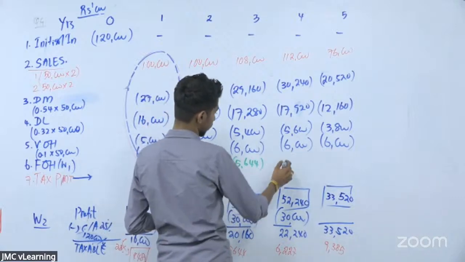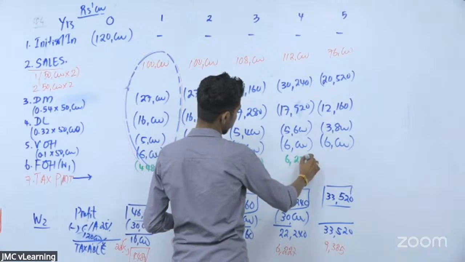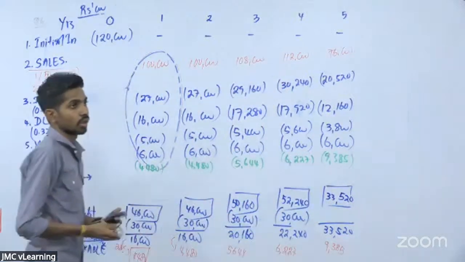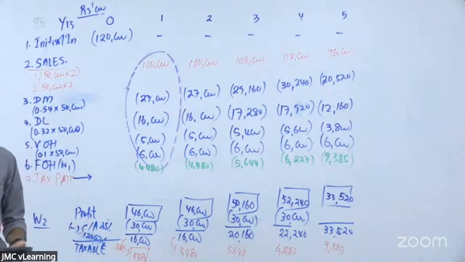That is, the tax payment is a cash outflow. 6,227. 9,385. Is it okay? Please give me the comment. Are all of you comfortable with this calculation?